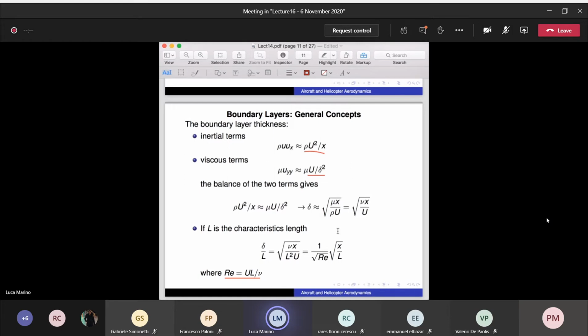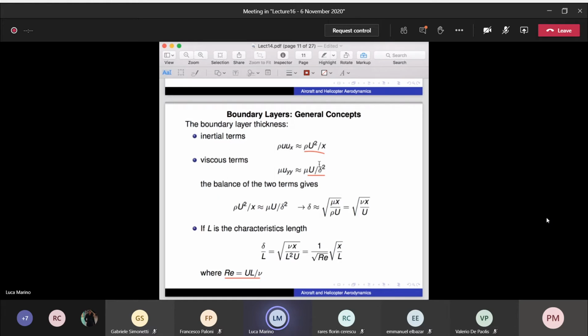Remember that the boundary layer has been introduced from the observation that all the changes that we have along the x direction, using this notation, are much slower than what is going to happen in the y direction. So if you want to catch what is going to happen in the y direction, the corresponding changes along x can be neglected.